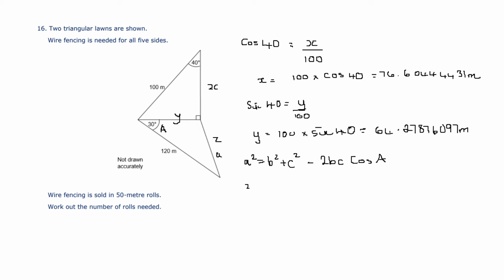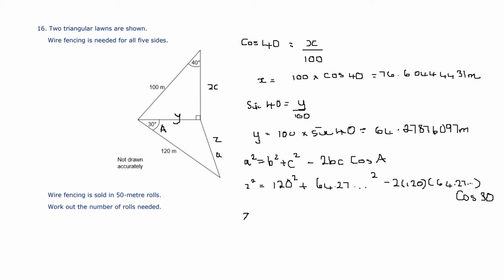So we're going to say that Z squared is equal to 120 squared plus 64.27, etc. squared, minus 2 lots of 120 times 64.27 cos 30.